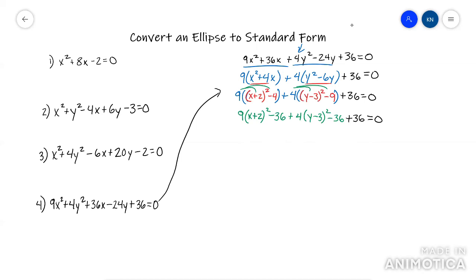Okay, now you can group these three like terms. Now you move that minus 36.